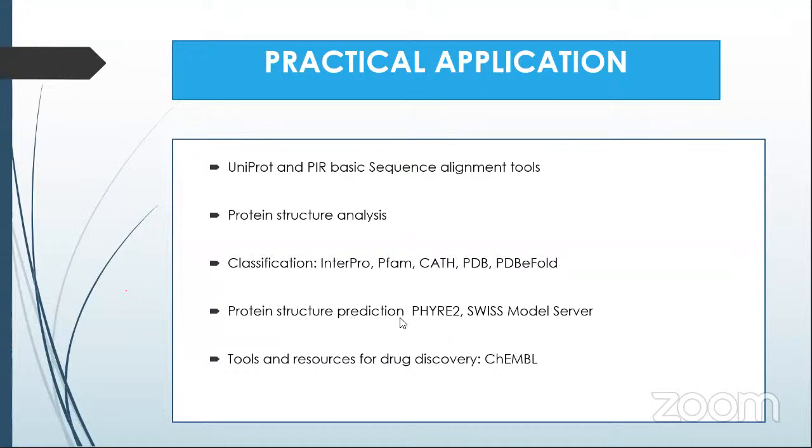And for protein structure, you will also get it from the PDB database, CATH and PDBe, which will provide you the 3D structure of proteins already deposited in the particular platform.